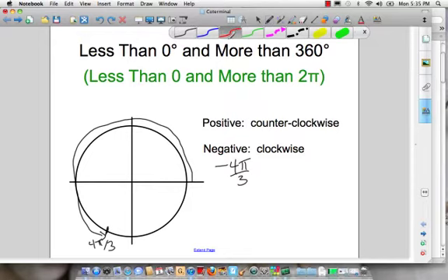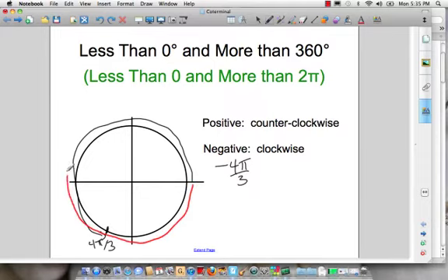If we want to do negative 4 pi over 3, we're going to start here. And we're going to go the same distance, 1, 2, and we're going to go all the way up to here. So right here is negative 4 pi over 3. And then again, it's useful to look at your unit circle handout.